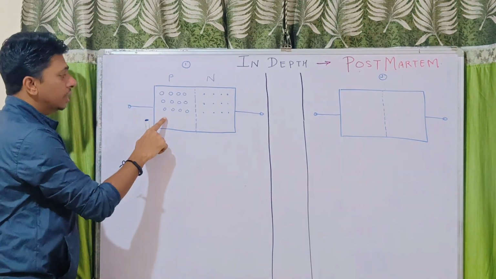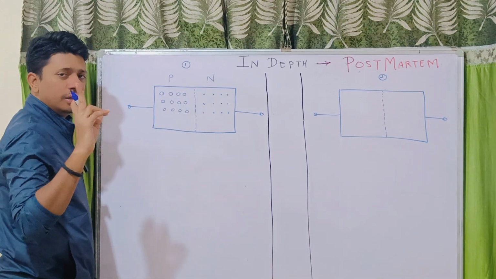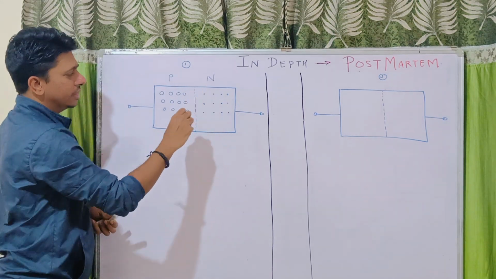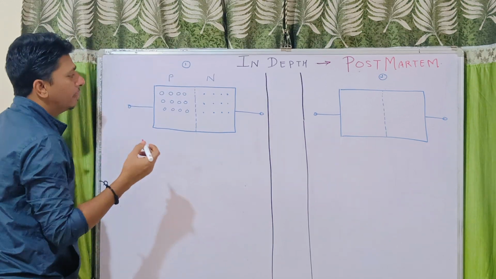But other than that, all over the PN region there are covalent bonds. When we dope this region with pentavalent and this region with boron atoms, what will happen?